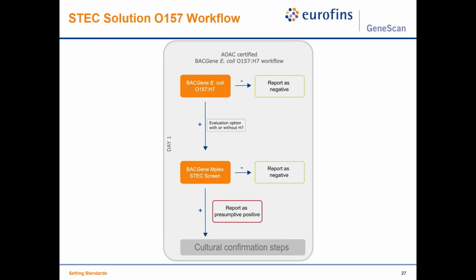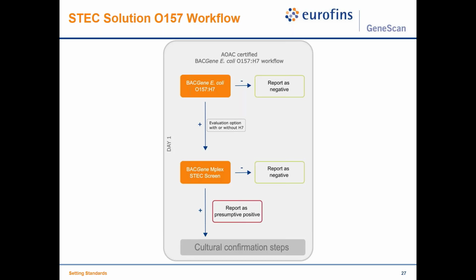I personally don't think it will last for very much longer because the direction is clearly going into the non-O157 screen as well. But this workflow would be starting with the O157:H7. If this is negative, you can report as a negative. We do have the option with our FastFinder software to evaluate with and without H7.